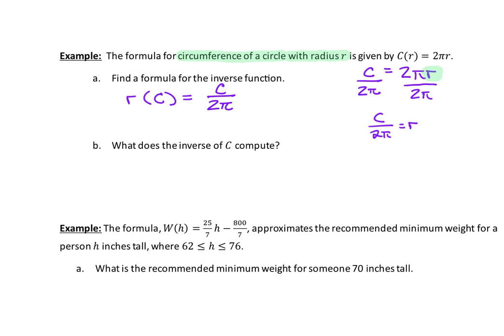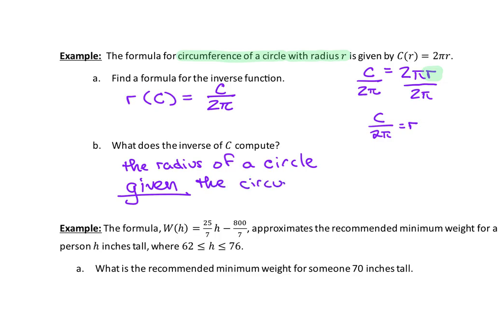What we are going to be given is the radius of a circle given the circumference C. And so here we are plugging in our circumference, and when we plug in our circumference, this equation tells us what the radius is equal to.